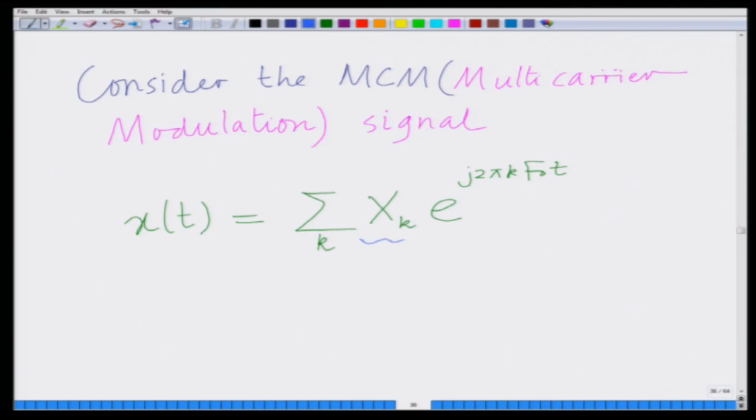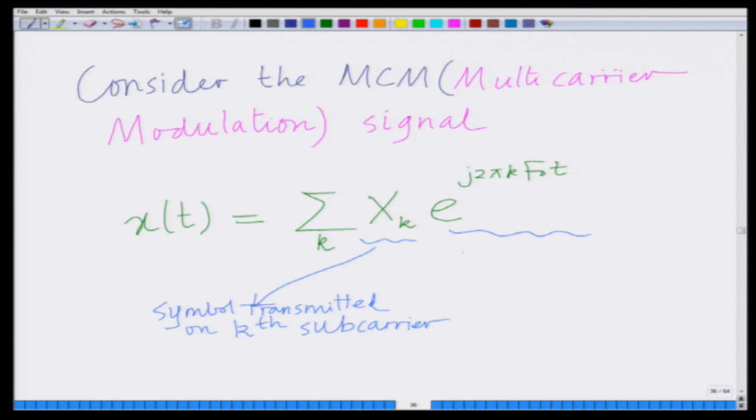Let me refresh your memory. X_k is the symbol transmitted on the kth subcarrier. E to the power of j 2 pi k f naught t is the kth subcarrier.